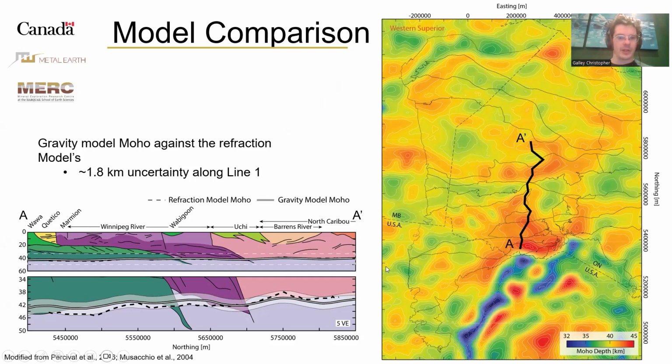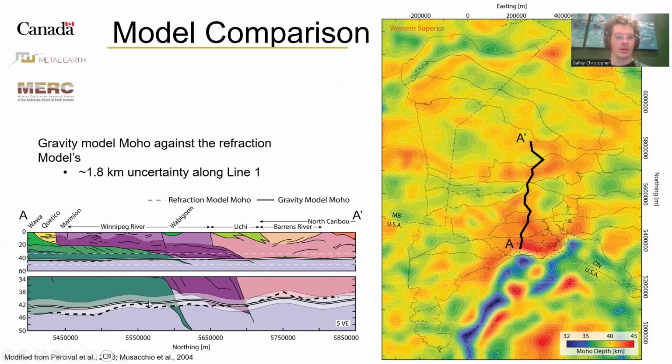Here's the section. The dotted line is the refraction model. The color is the interpreted reflection model, and the white-black line is our Moho derived from the gravity model. You don't quite see it well with the one-to-one vertical exaggeration, but at 5 times vertical exaggeration it shows things a little bit better.